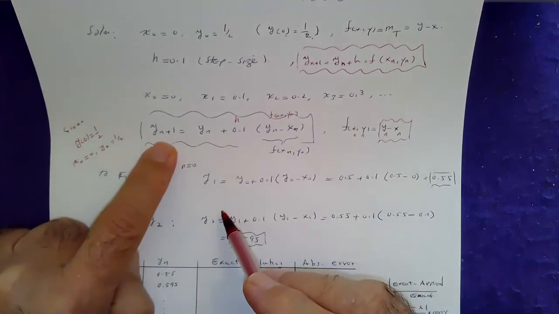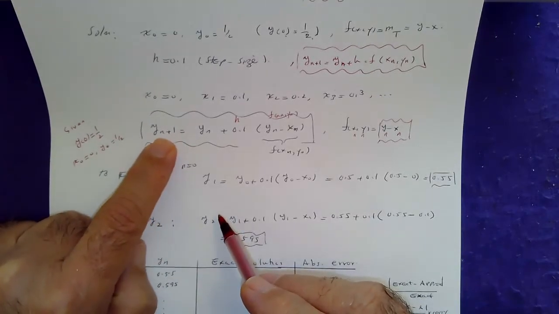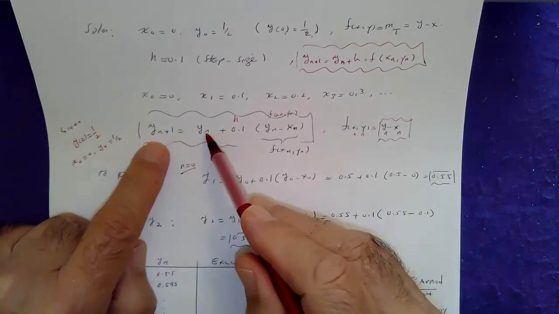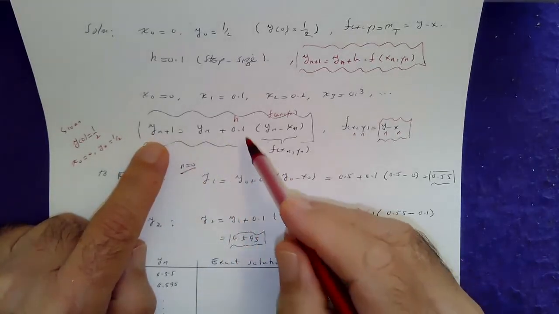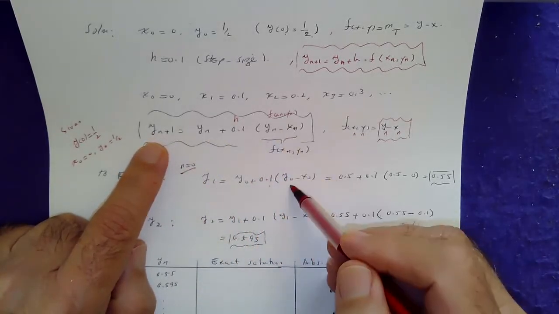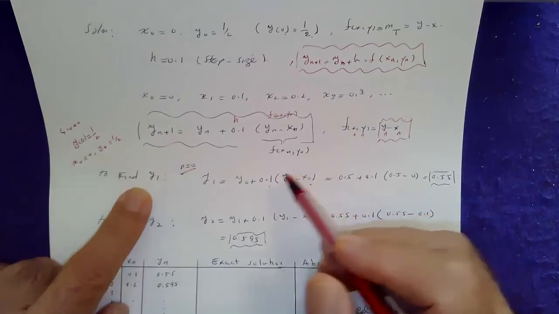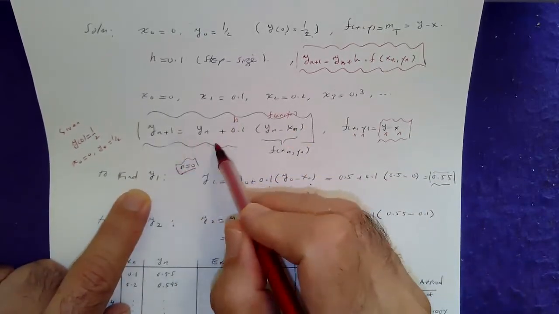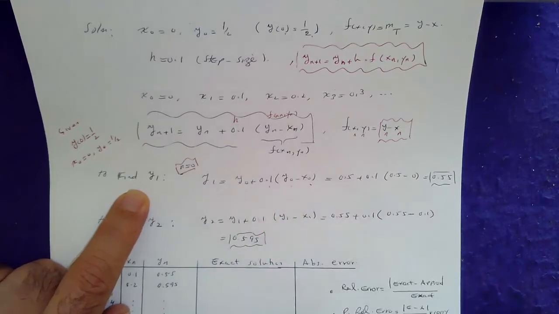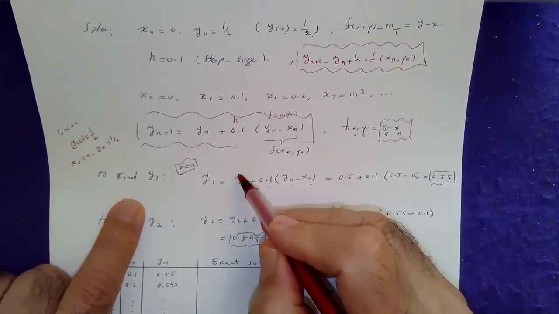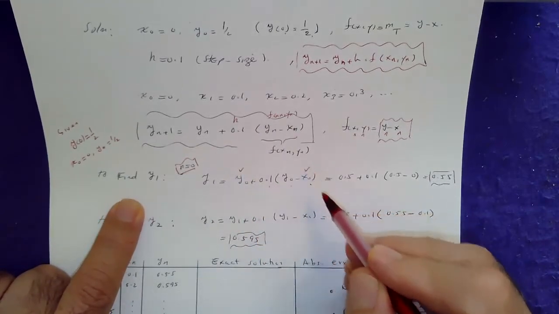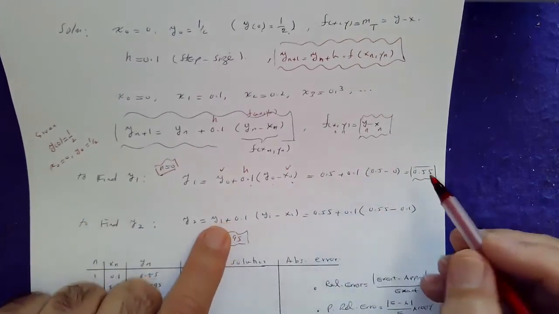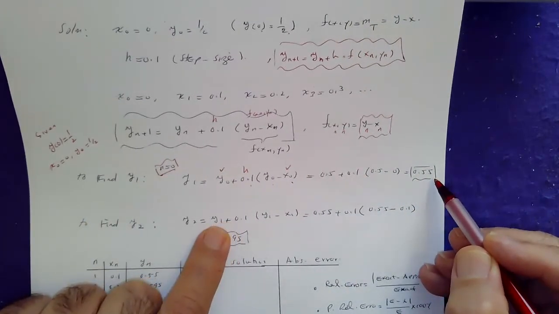So in this formula, if I replace n's with 0, I get y of 1 equals y of 0 plus 0.1 times y of 0 minus x of 0. So in the general formula, replace the n with zeros. I know y of 0, I know x of 0, I know h. So when you substitute, you get 0.55.